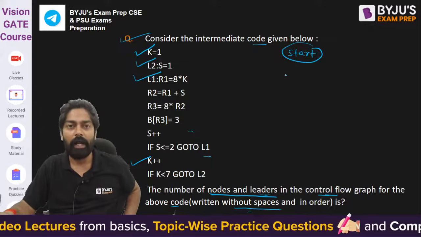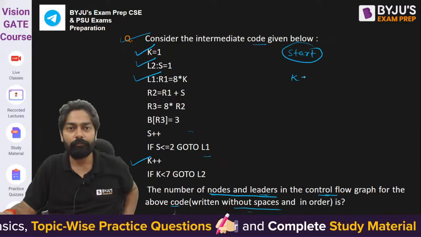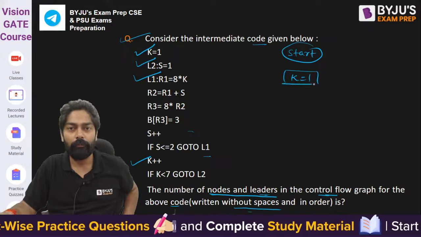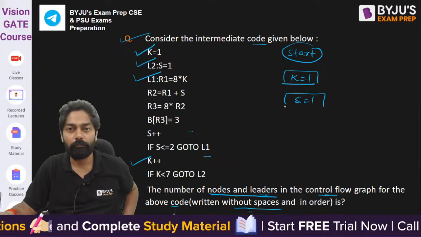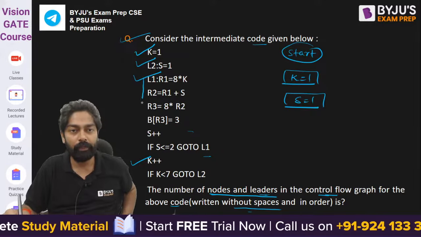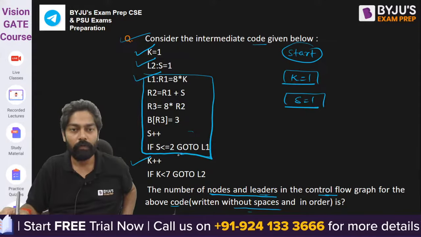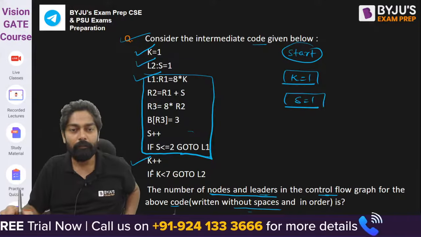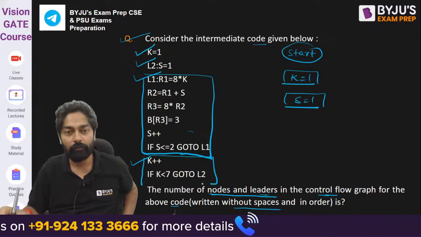Start, and I am writing here k equal to 1. Fine, and s equal to 1. And L1 to this one. This one will be a leader, 1 node. So 3. And this one will be the next one.